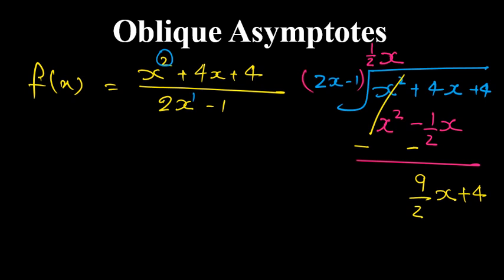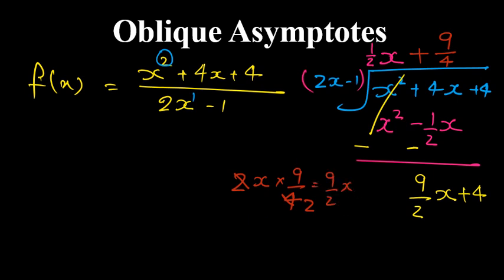Now what number should you add here again? This is 9 over 2, I need to cancel, and this is 2x. So I will use 9 over 4. 2x multiplied by 9 over 4, the 2 will cancel, and you will get only 9 over 2x.